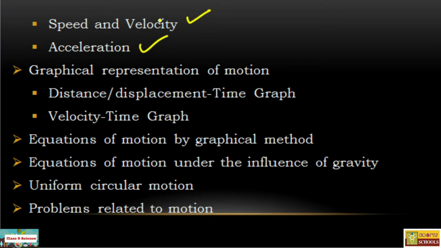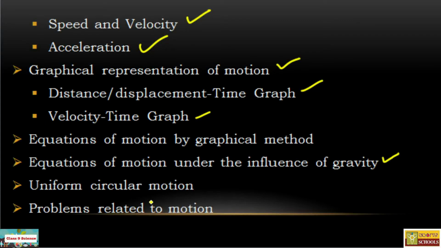After getting those terms right, we are moving to the next part, that is graphical representation of motion, where you are learning distance or displacement time graph, velocity time graph. Using that concept of graphical representation of motion, you are deriving the kinematic equations of motion, and you are getting the same equations of motion under the influence of gravity or gravitational force.